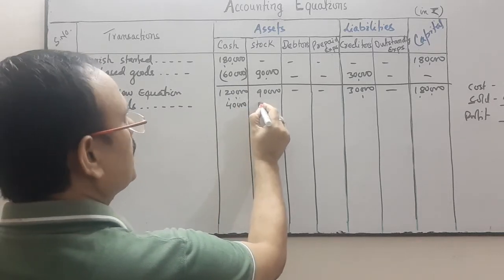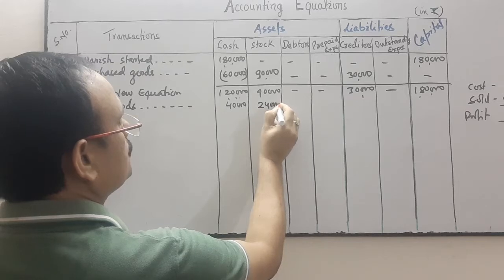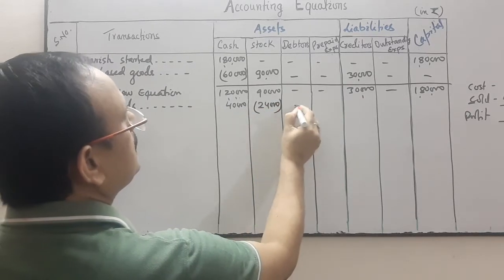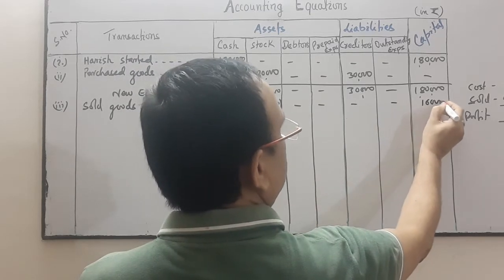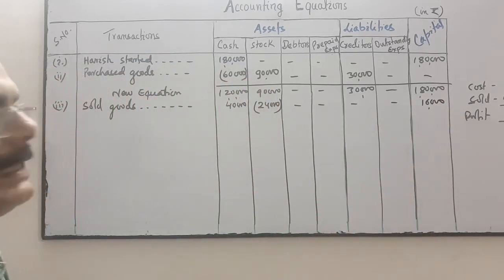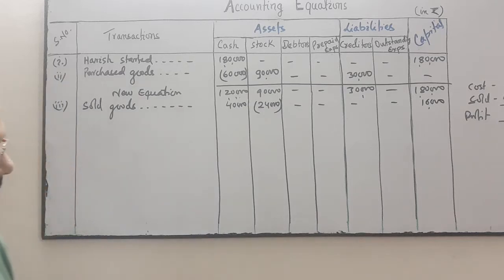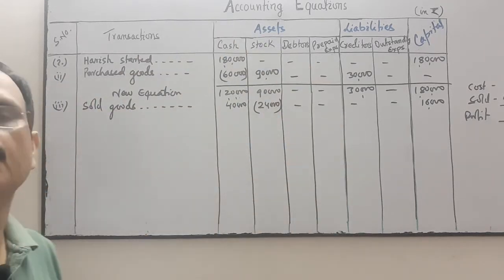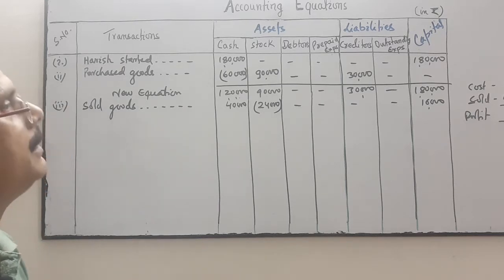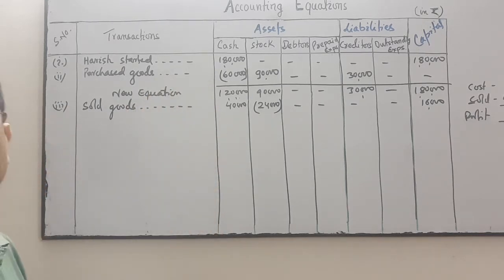Stock will decrease by 24,000 because goods go out from the business, and the profit increases your capital. Profit will increase the capital of the business, because profit is directly transferred to the proprietor, the owner of the business, that is Harish. Capital represents Harish.